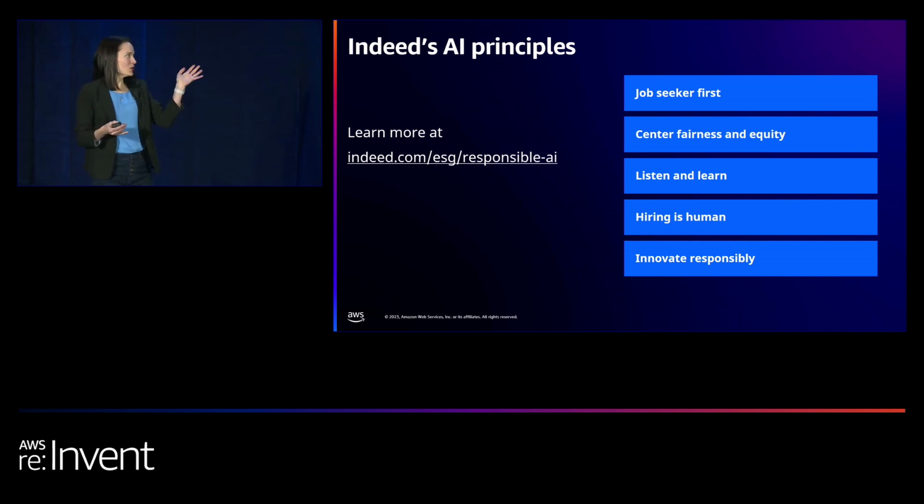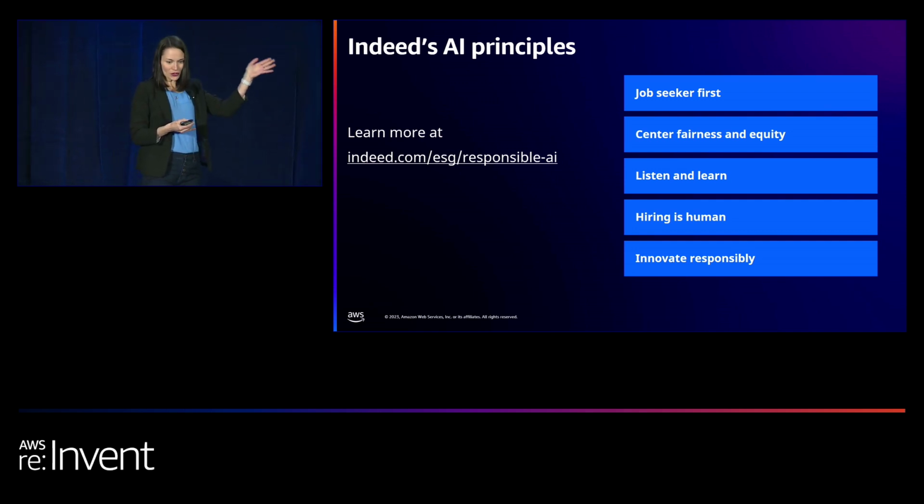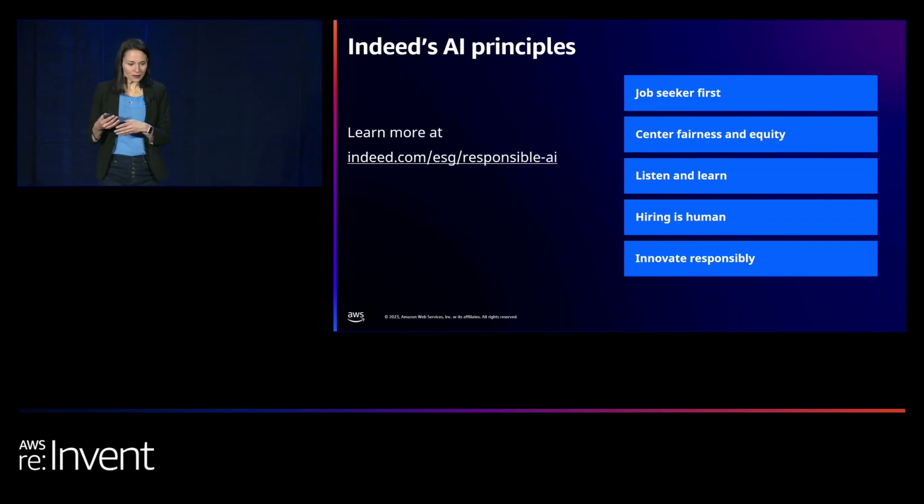So on this slide here, you can see we have these 5 principles that we think about when we are interacting with AI. We always put the job seeker first. We center fairness and equity in all of our development work. We are continually listening and taking feedback from our customers and our users.